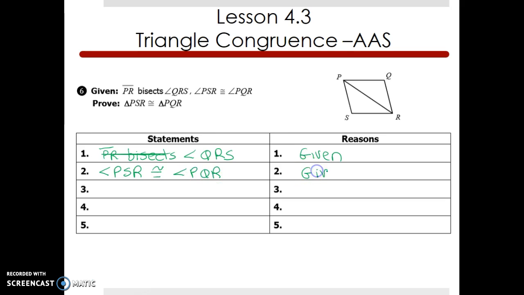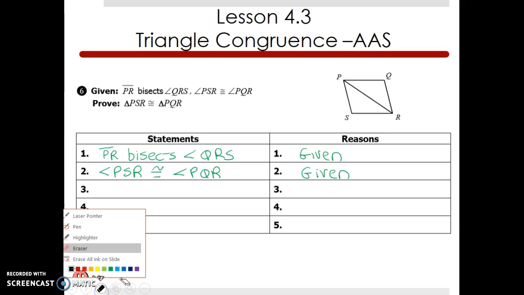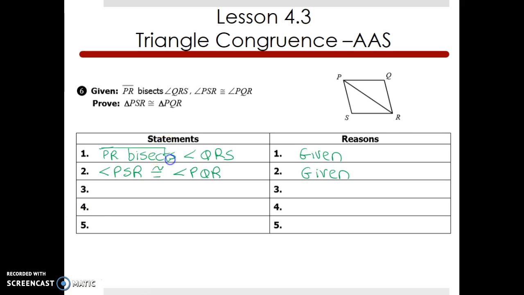That's also given. So I'm going to mark up my diagram. So PSR is congruent to PQR.